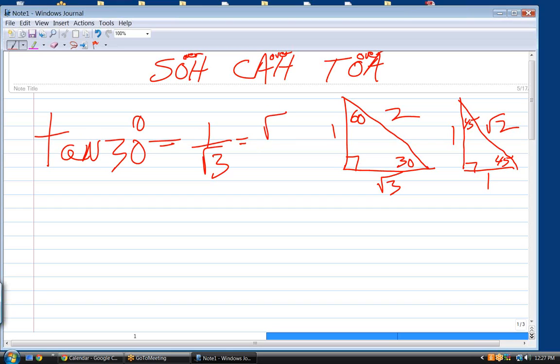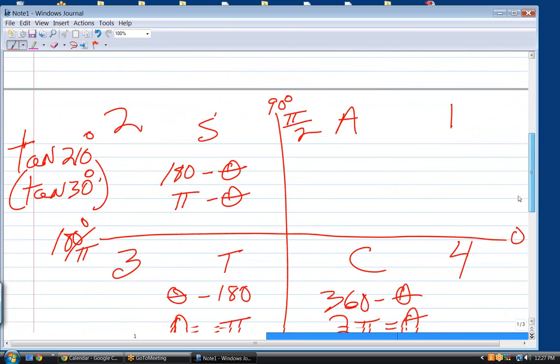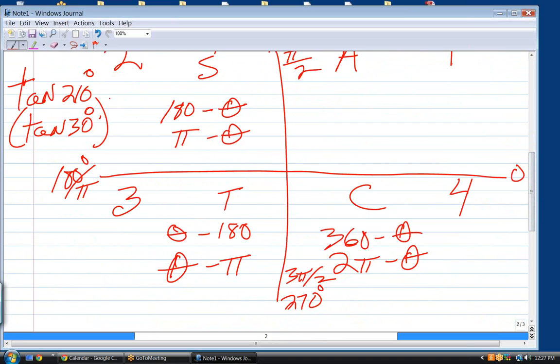Square root of 3 over 3. So that's the number for the tangent of 210. It's square root of 3 over 3. Now let's figure out what its sign is. Is it plus or minus? It is plus. Exactly. And that's the way we're going to do all of these.